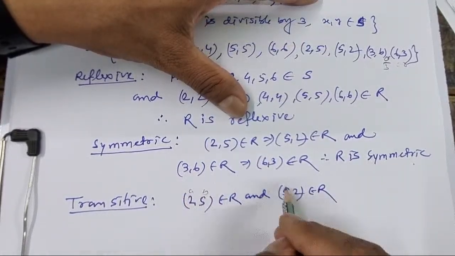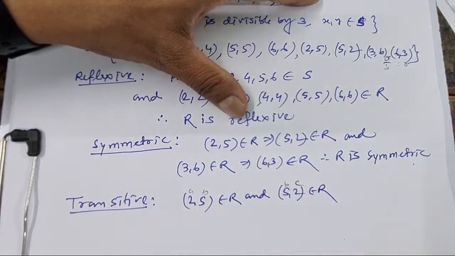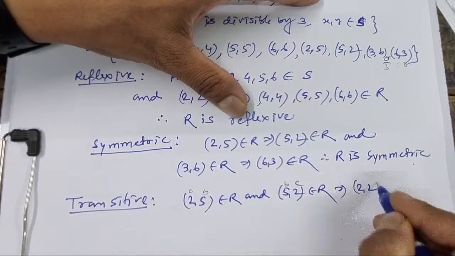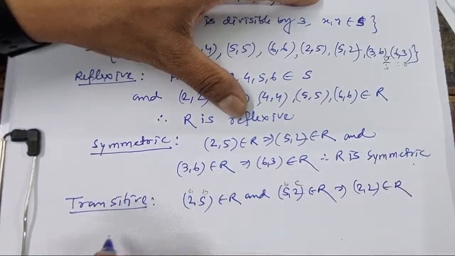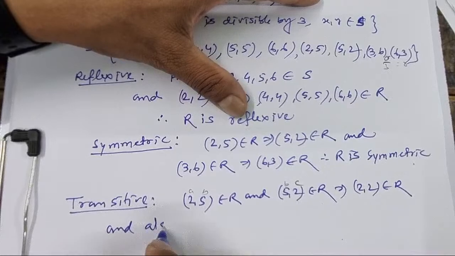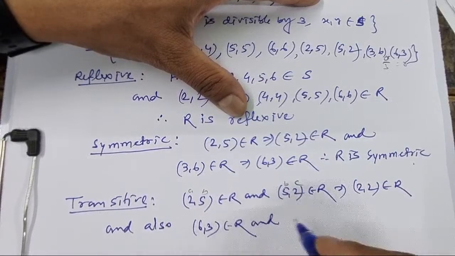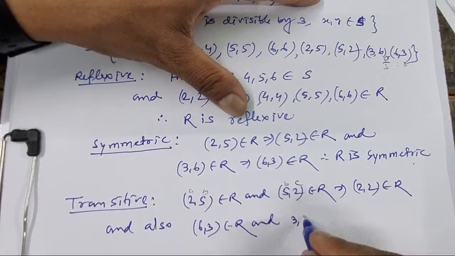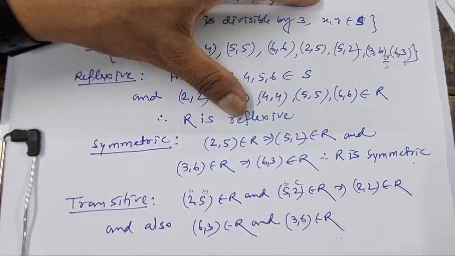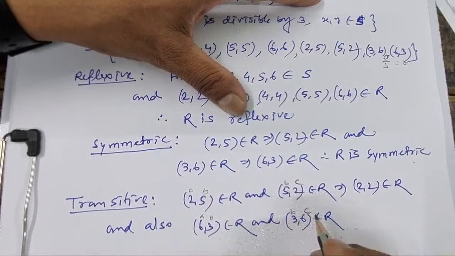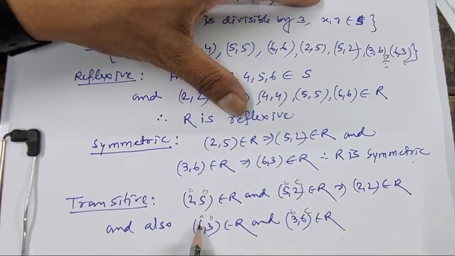A B, B C. So finally that implies (2,2), and (2,2) belongs to R. Also you are getting (6,3) belongs to R and (3,6) belongs to R. This is A, this is B, this is B, this is C, and the last is A, C, that's (6,6).